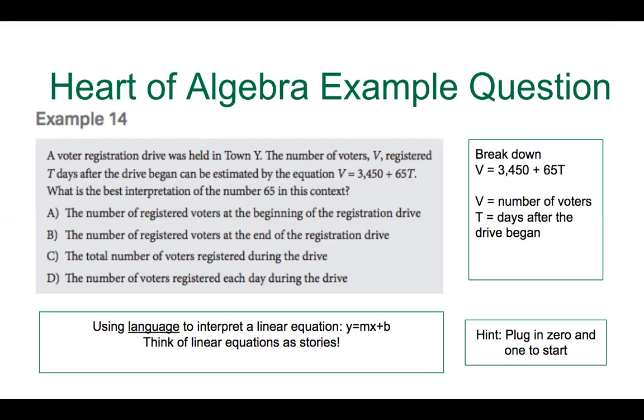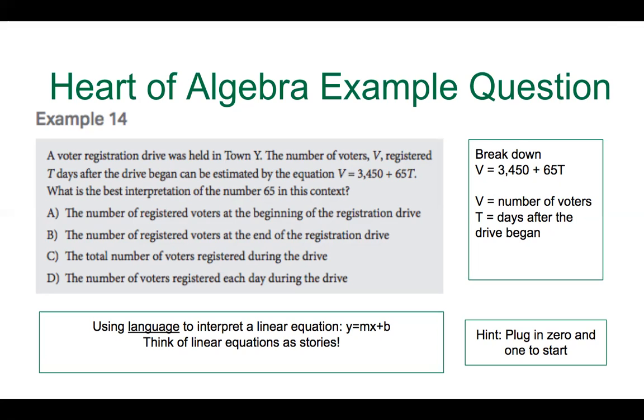So a good trick is to start by plugging in 0 and seeing, when you plug in 0 for t, what are you getting out? So on day 0, because t represents days, you're getting 3,450 plus 0.